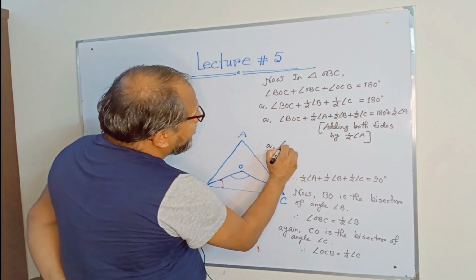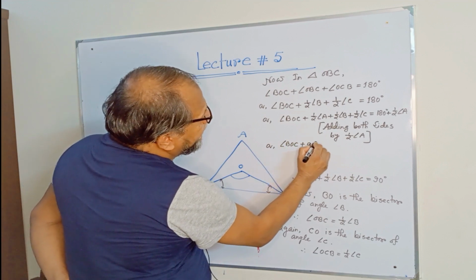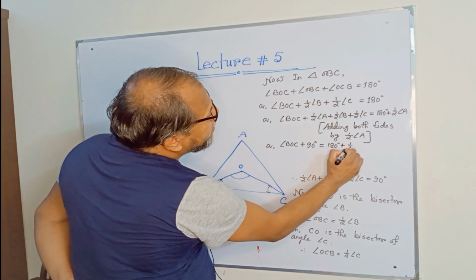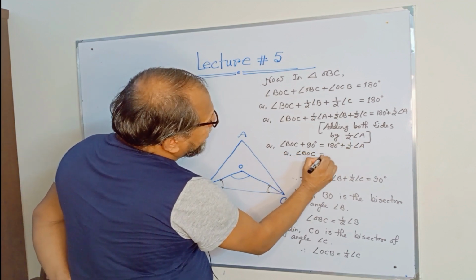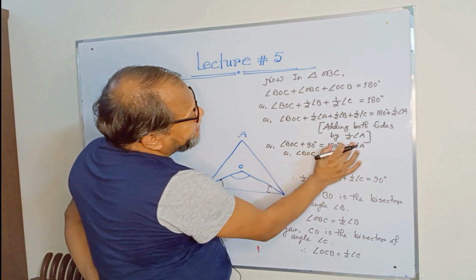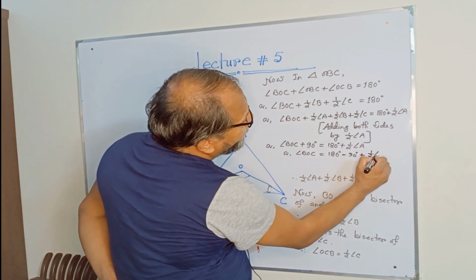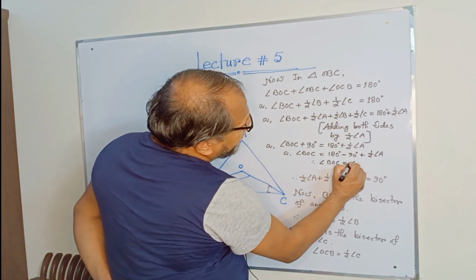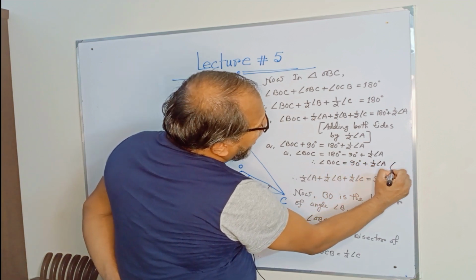Okay, here angle BOC plus 90 degree is equal to 180 degree plus half of A, or BOC is equal to 180 degree. I have changed the side, 90 degree to the right side: 180 minus 90 degree plus half of A. Therefore, angle BOC is equal to 90 degree plus half of A, and proved.